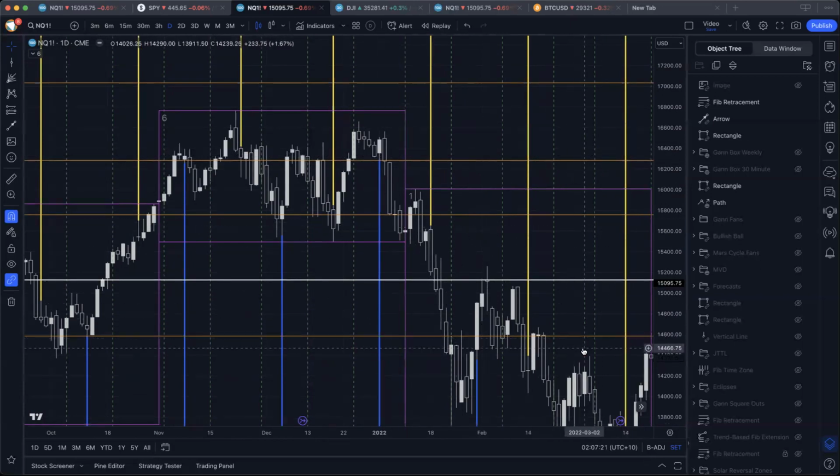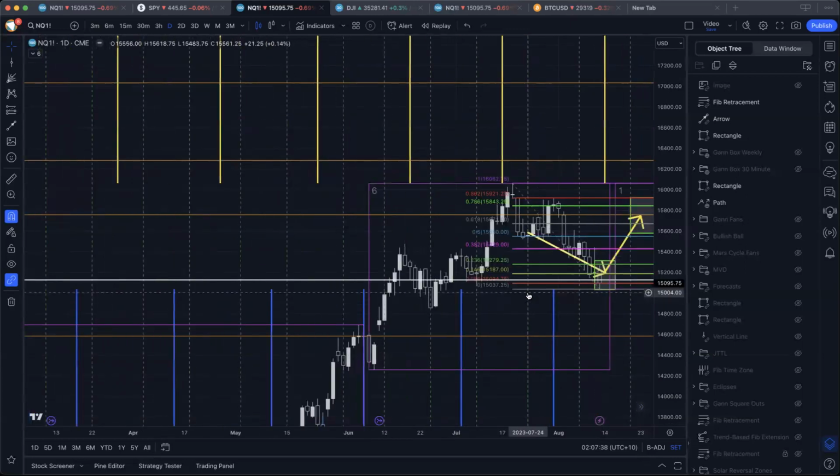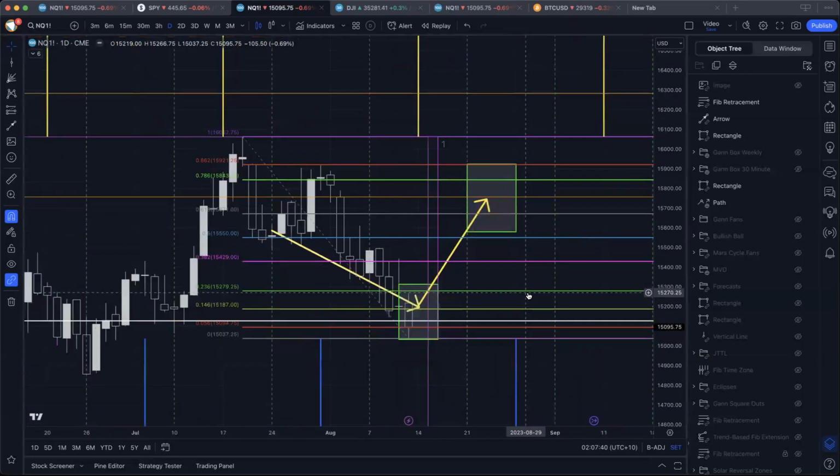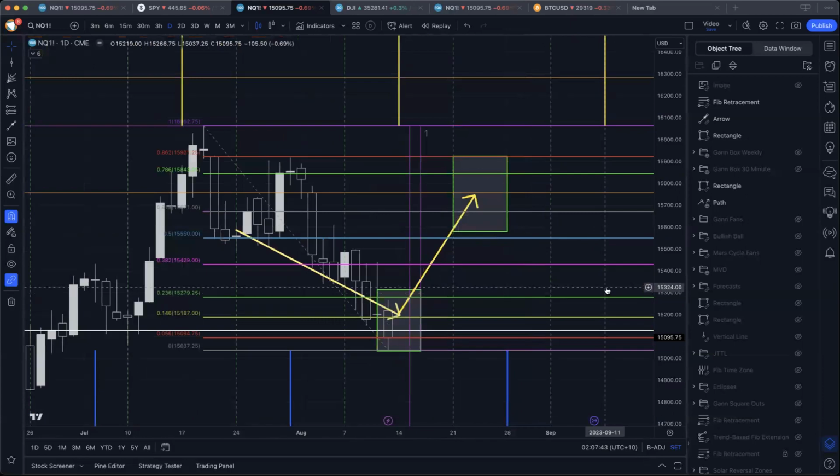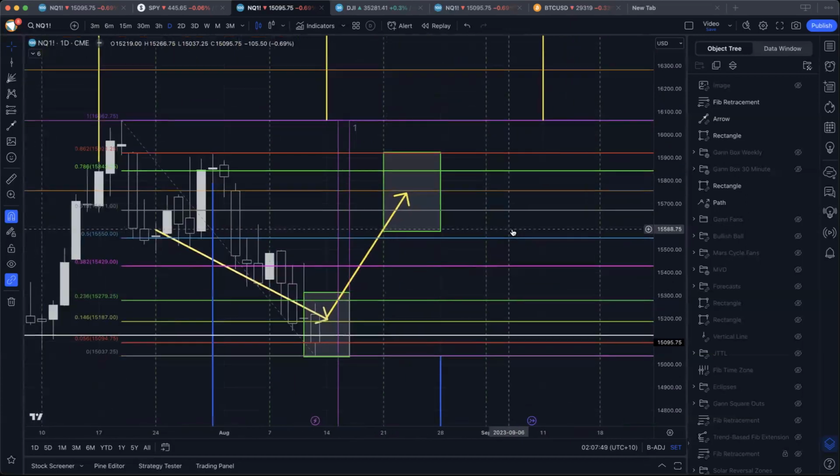And I think we've got the right tools to profit from that, using a combination of time trades to identify the time when these big moves happen, and smart execution like buy stops and sell stops to let price elect the direction that we want to trade in. Okay, so that's the update for this week. We've got our new forecast there. Hopefully that plays out as successfully as it did the last one.